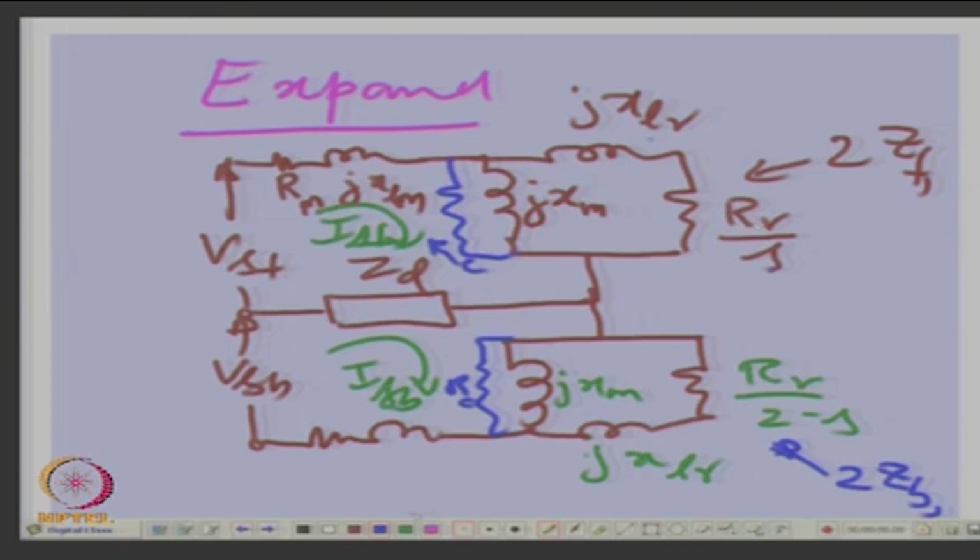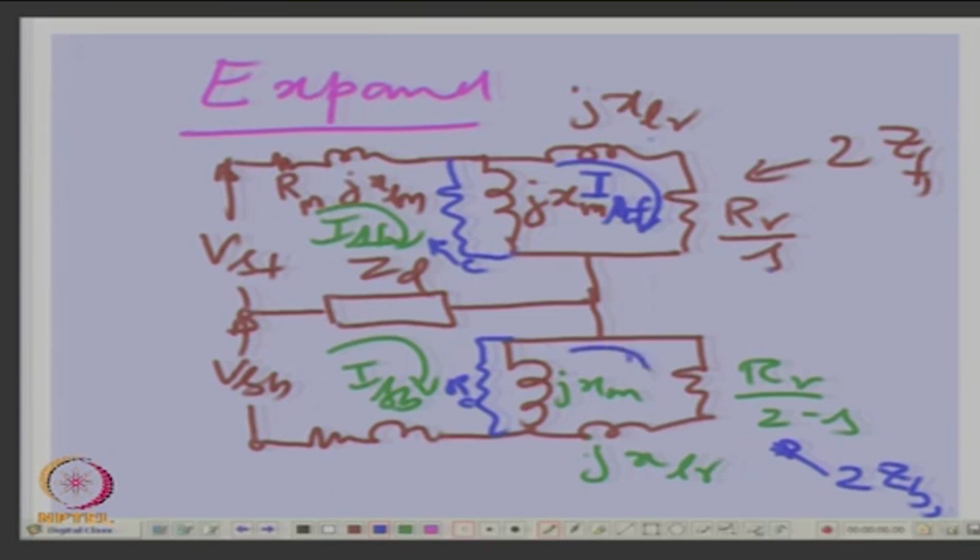Now, what will be the current here? This will be IRF. This is the induced rotor current due to the forward field.